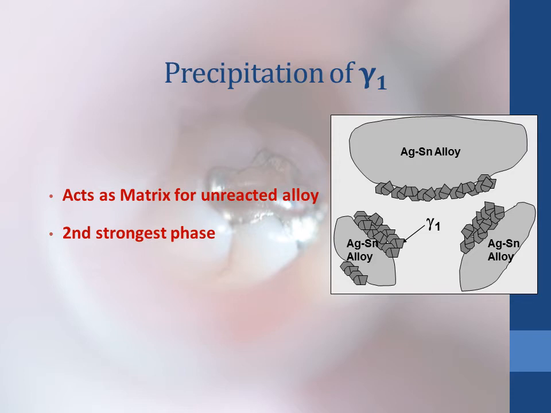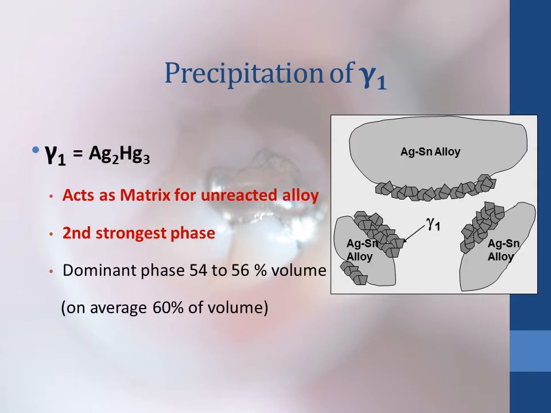So we have the unreacted alloy, which is silver-tin, the strongest phase, and then we have gamma 1, which is the matrix of the unreacted alloy, and that is Ag2Hg3. This is the second strongest phase after gamma, and it makes up an average of 60% by volume of the major bulk of the alloy.